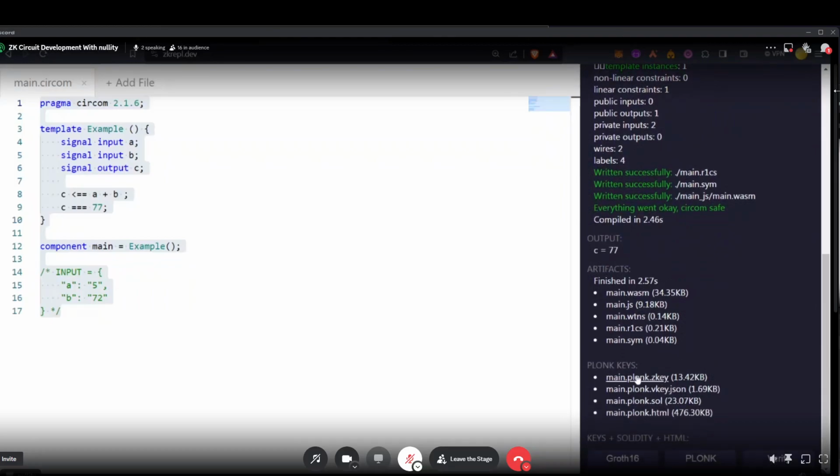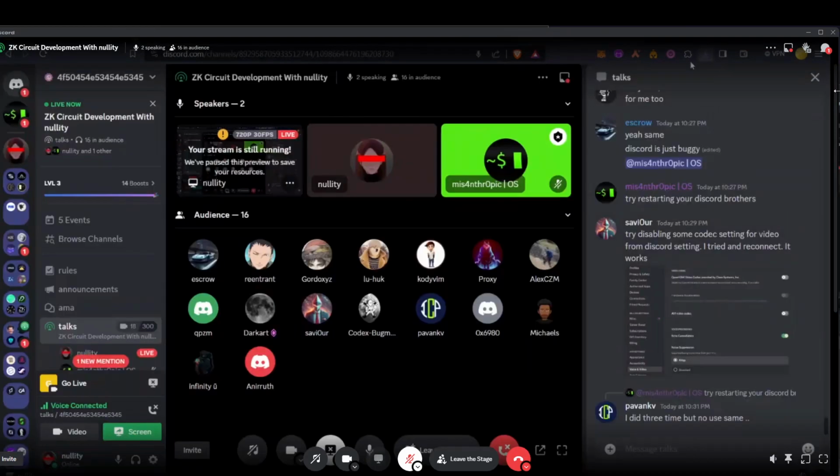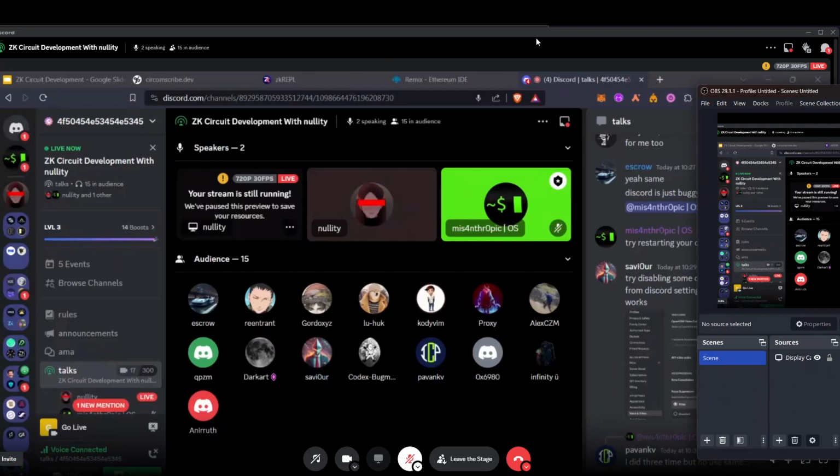Right. So I've got a proving key, a verification key, a solidity file, and an HTML file. And the solidity file is what I want right now. Okay, I have to download this.